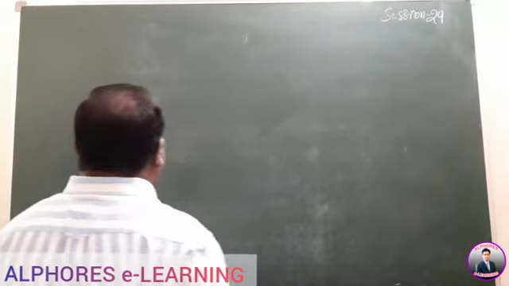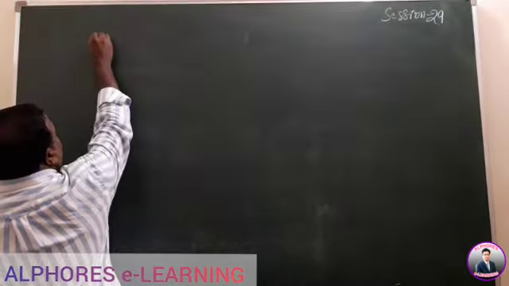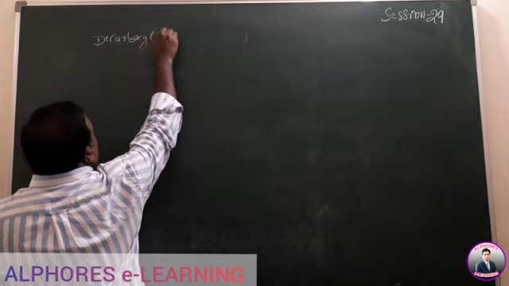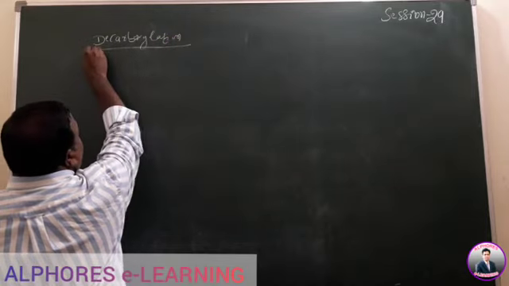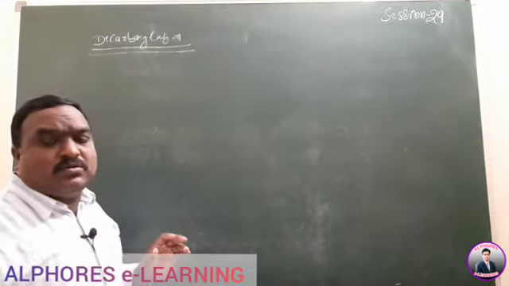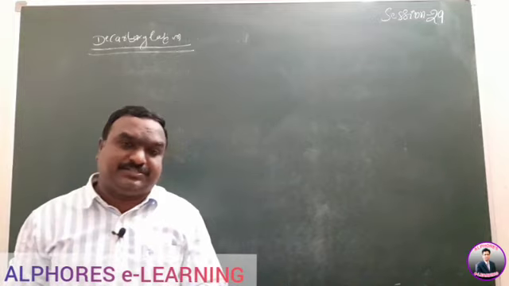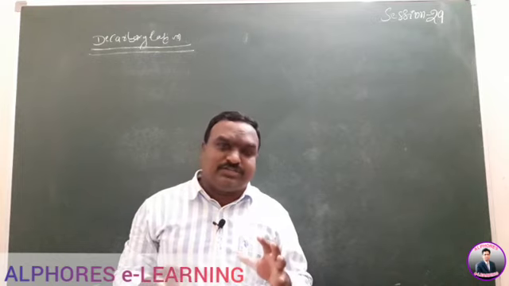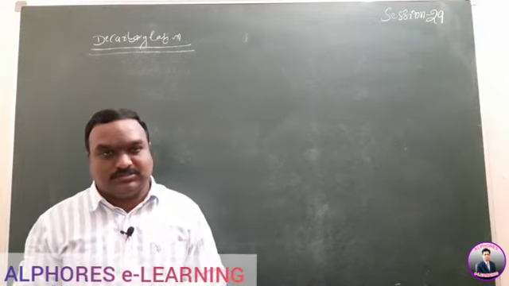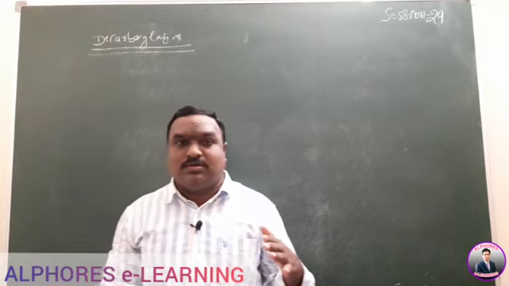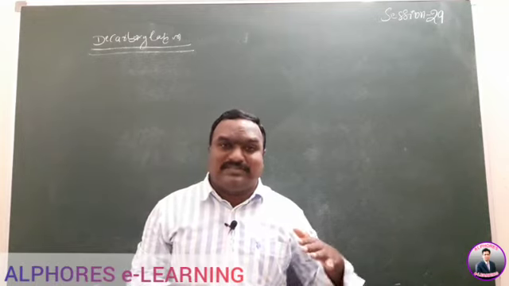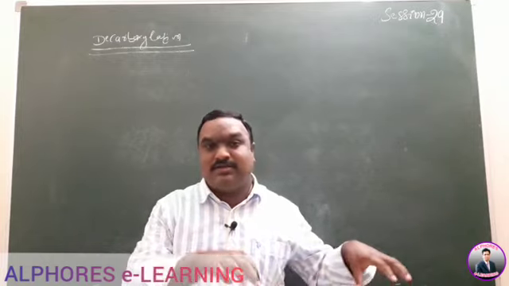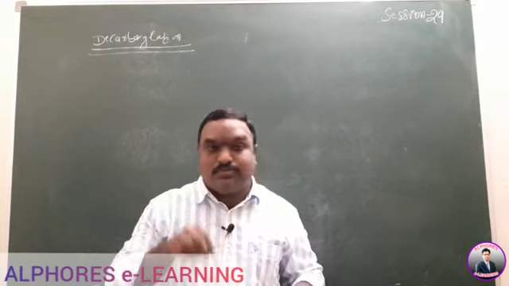Next one is decarboxylation. Decarboxylation of OH group substituted acids. Decarboxylation means removal of carbon and oxygen. So wherever an acid group is given, if the organic compound is carrying COOH, then how to remove that CO2 group?